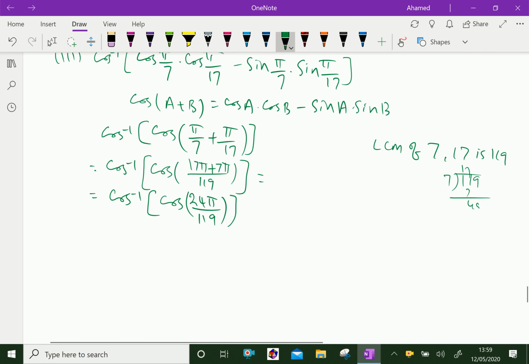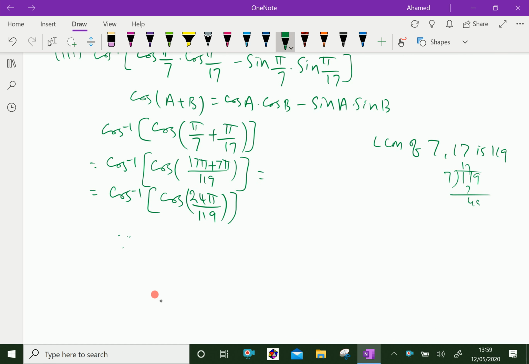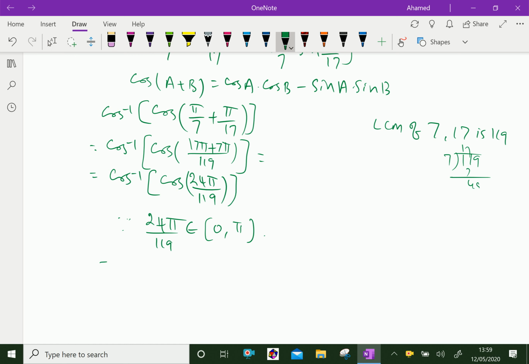Here, since 24 pi over 119 is an element of 0 to pi, therefore we can say cos inverse of cos 24 pi over 119 is 24 pi by 119. This is the value of the given function.